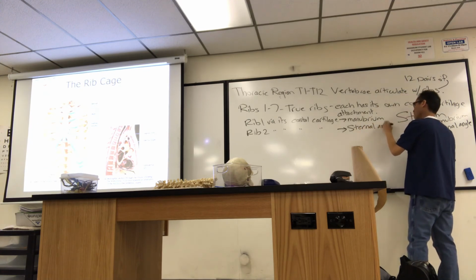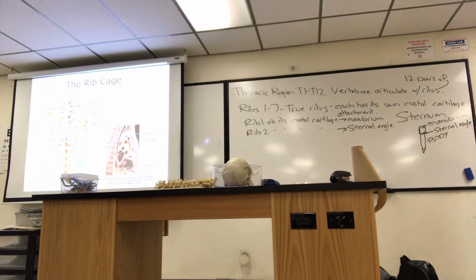And the rest will articulate with the body. I won't even write that, you can see it in the picture, but these first two articulate at those different locations. All right, the rest of the ribs are your false ribs.